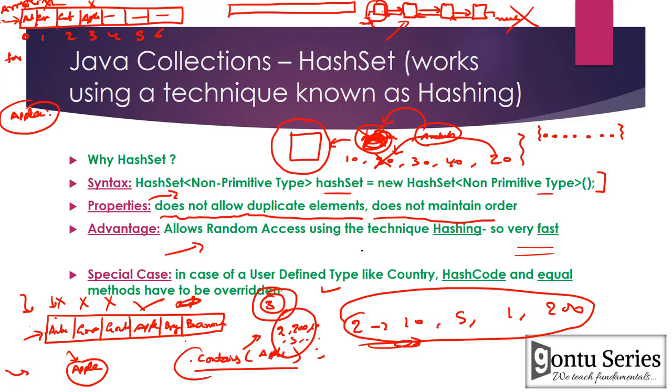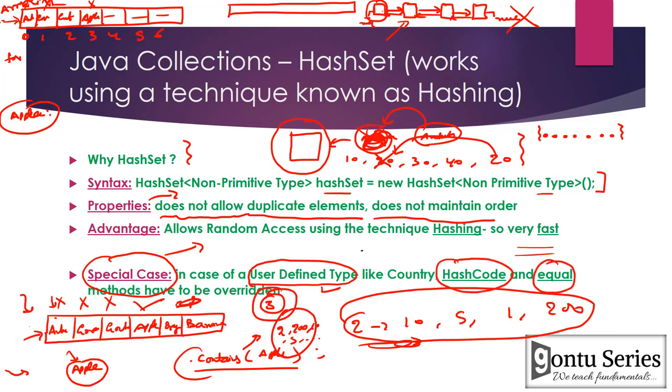Before I show you how to make use of a HashSet programmatically, let me talk about an important point. In case of a HashSet, when you make use of a user defined object like Country, there you have to override two methods in it, hashCode and equals method.